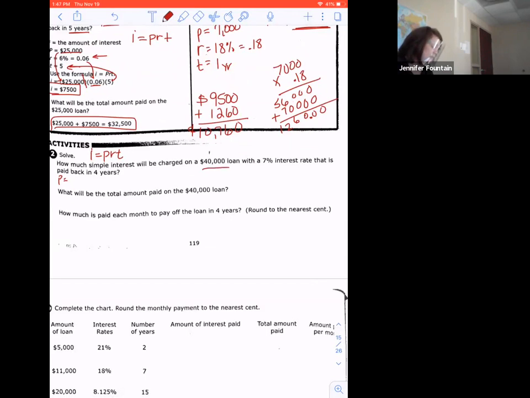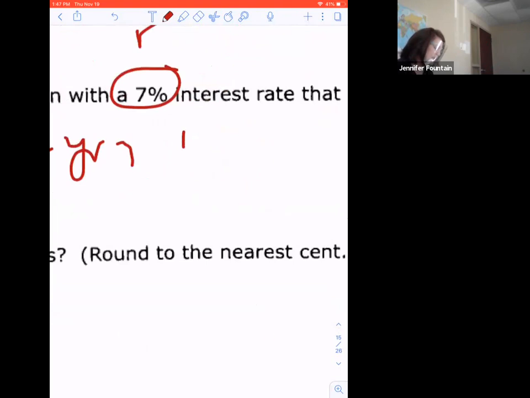So I know that is P. What is my rate? 7%. So how am I going to make that as a decimal? 0.07. Good. And how long? What is my time? 4 years. Good. So I've identified P, R, and T. So I'm going to put it as I equals PRT.